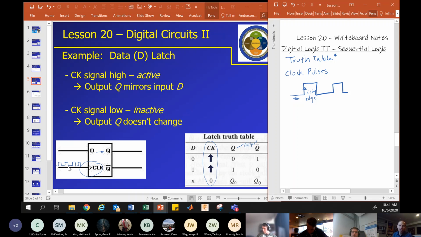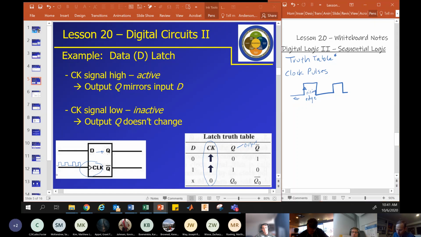That gives an indication of how fast these operations can happen. And so in that case, you've got this steady train of pulses coming through. Sometimes you have devices where you don't want to trigger them all the time. You just want to trigger them at a certain time. And so you might just have a single pulse happening occasionally when you need to turn on that device.